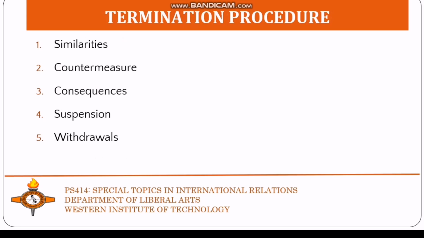The next is the termination. So parties are released from their obligations, but no restoration to their former status is needed. Followed by the suspension, parties are released from their obligation under the treaty while suspension is in effect but are still bound to refrain from acts tending to obstruct the resumption of the operation of the treaty.